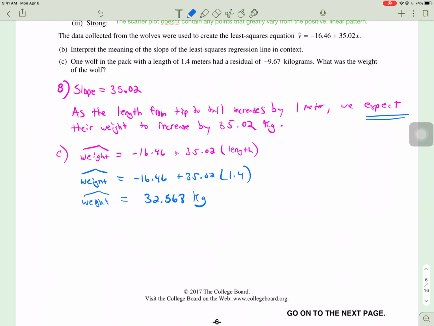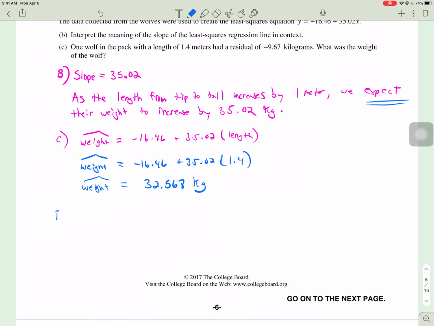How do we find a residual? A residual is the actual minus the predicted. So knowing that, well, the predicted weight we know is 32.568. The residual, they tell us, is negative 9.67, which means that the predicted weight was much bigger than the actual weight.